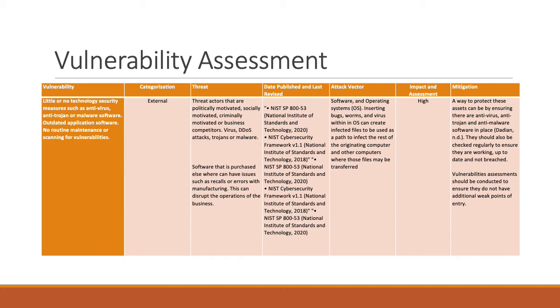Potential threats include threat actors that may be politically motivated, criminals that are trying to just breach into systems, and business competitors. Potential threats also include software that is purchased elsewhere, which can have issues and potential errors, that may be purchased from a third party. This is characterized as an external threat.